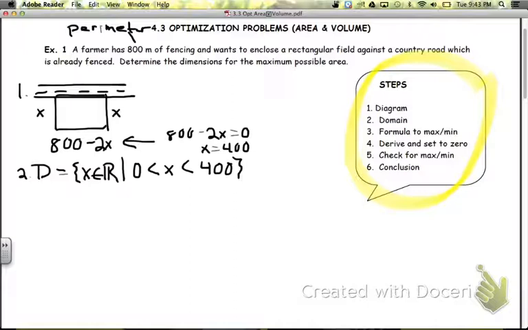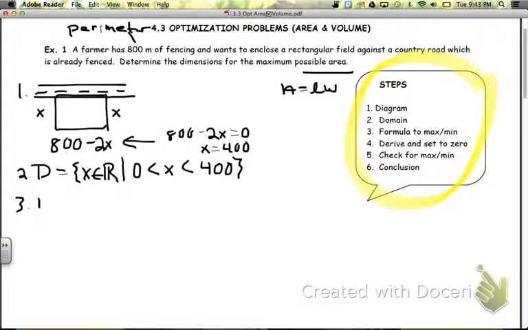Our third step is that we want to set up our formula for the maximum or minimum value. So in this case, we're talking about the dimensions for the maximum possible area. And we all know that area of a rectangle is just length times width.